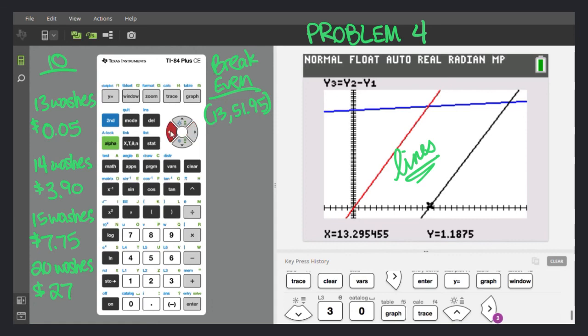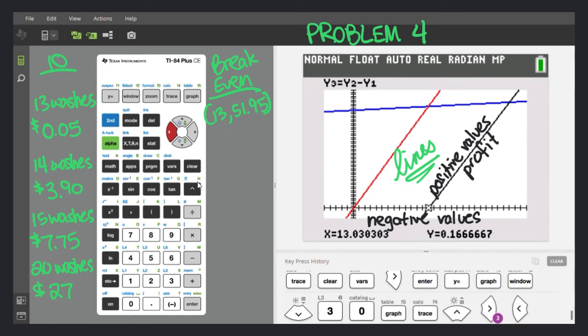I'm guessing that it's 13, I don't really care too much. So it's a negative graph until this point, meaning it has negative values, not a negative slope. But it does have a positive slope because it's increasing all the time. And after 13, to the right here, the graph is positive. So profit is positive after 13, meaning if you wash at least 13 dogs, you'll make a profit.